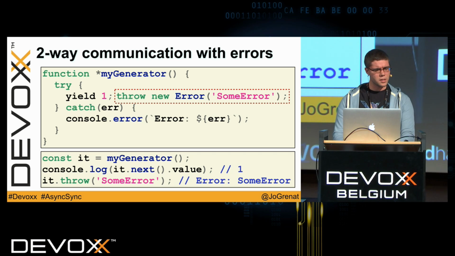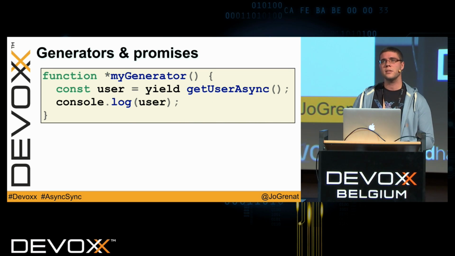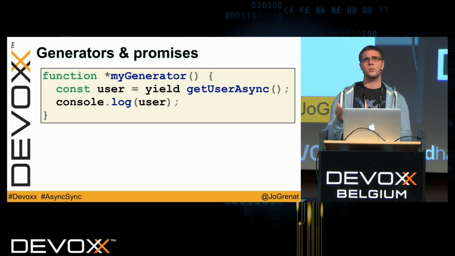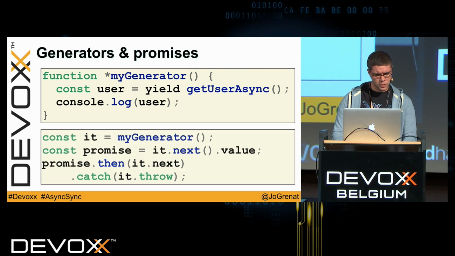Okay. What happens if instead of returning a raw value, you decide to yield a promise, like here? If we decide to yield a promise, and we're expecting the consumer to only call us back when the promise is resolved, with the result value, we will get something that looks really synchronous, if you have a look.